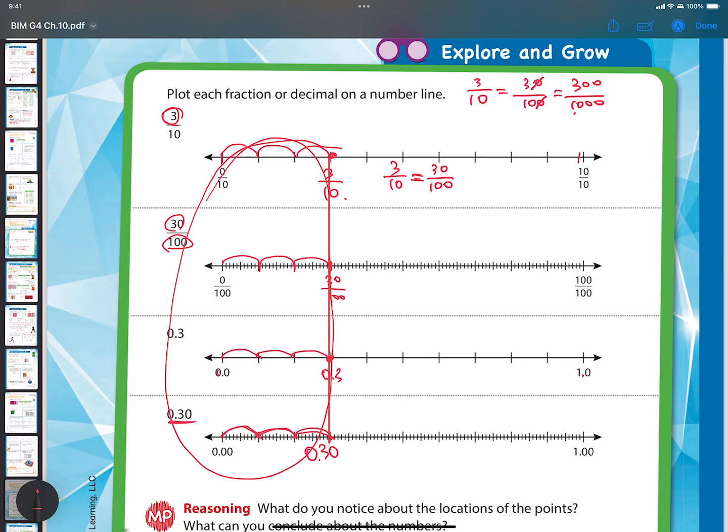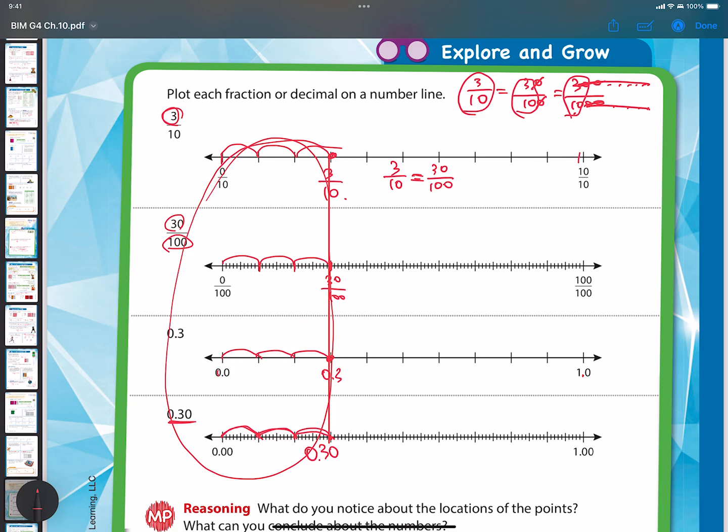That's the key. So here you can erase 2 zeros. You see that? It remains what? 3/10, 3/10, and 3/10. That's it. So it doesn't matter how many zeros are behind, but if you erase the same amount of zeros, you are going to have an equivalent fraction. That is why we are not putting this many zeros, not necessarily.